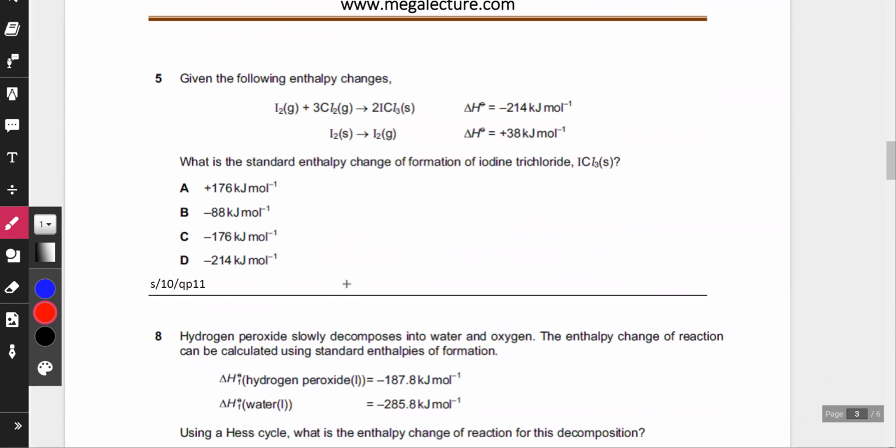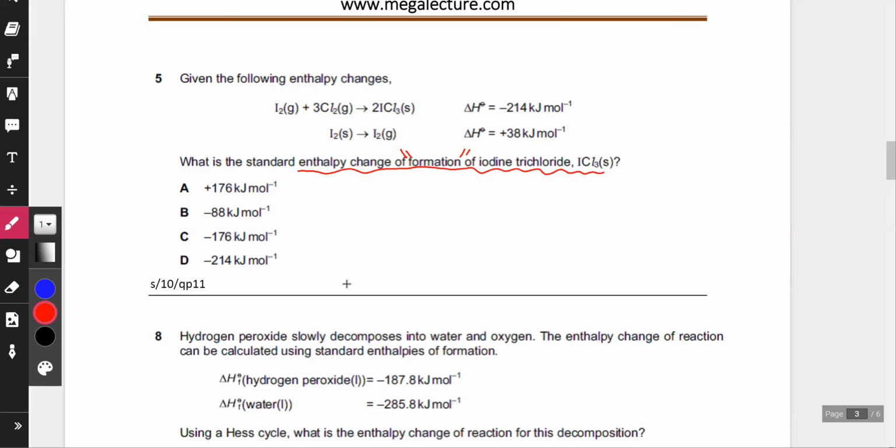Okay, next one. Try doing this question. As the first thing, he's asking you to find the enthalpy change of formation of iodine trichloride, ICl3 solid. What is the reaction he is talking about over here? So it's the first one, right? What is enthalpy change of formation?